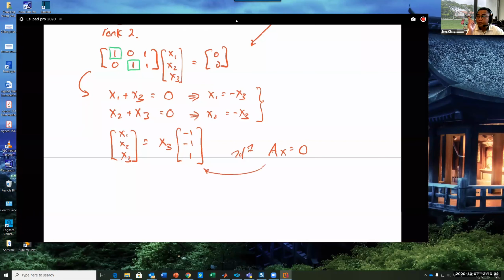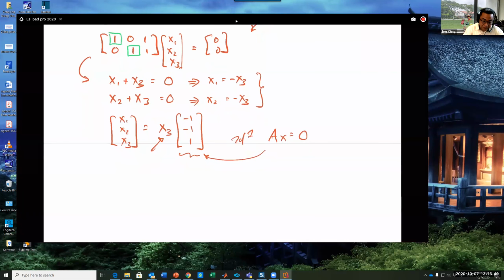this vector. I can put this solution with any constant, and the solution will be Ax equals 0. So far, okay? Now, once you have that, if the right-hand side is equal to b1, b2, what do we do?